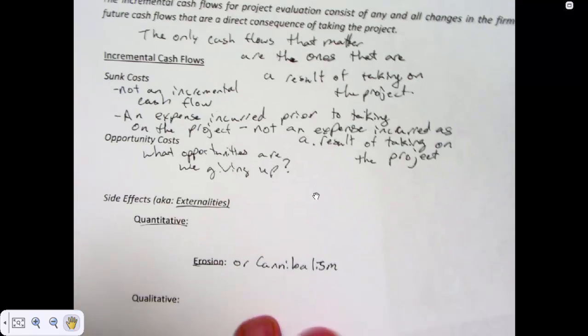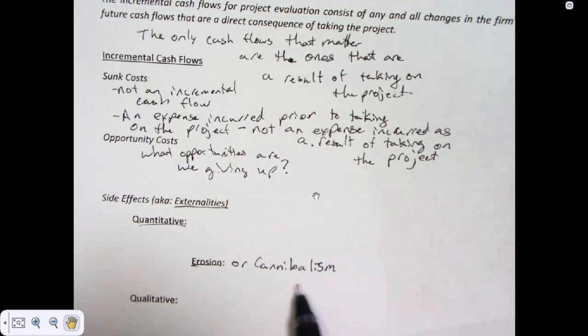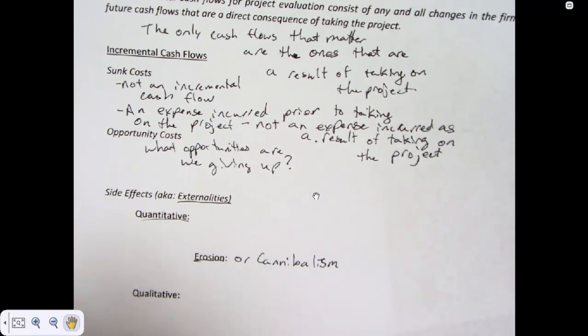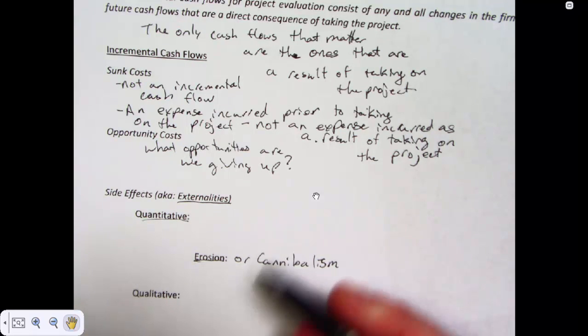Not in the literal sense of people eating people, but in the sense of, if we take on a project, it's going to affect other products or other services that we provide. And so we're going to have to take into account a loss in sales and a loss of cash flows on other projects as a result of taking on a project.